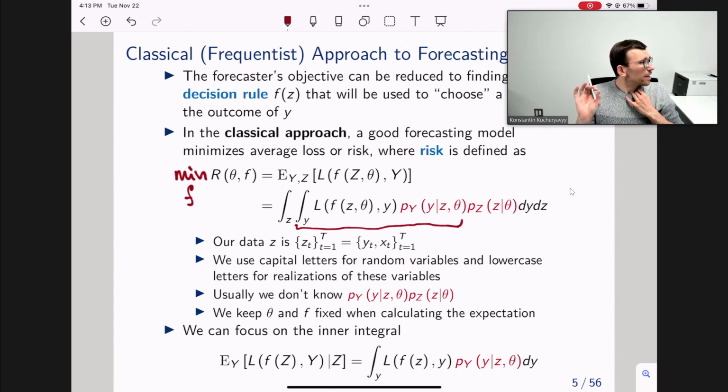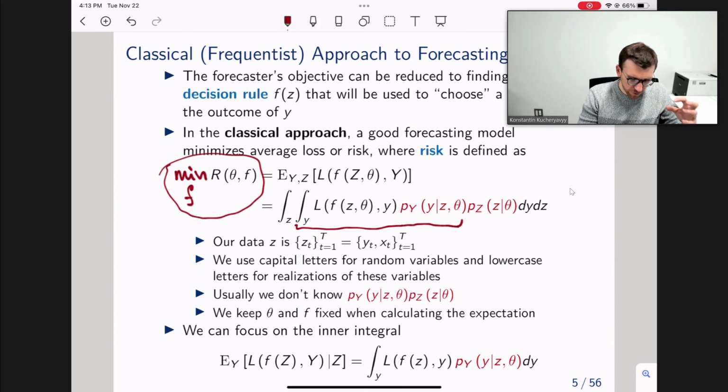It's like ideally we want to minimize this object, where F is a function of the data sets, but we are dealing with just one data set in practice, which means that all we can do is to focus on this integral.